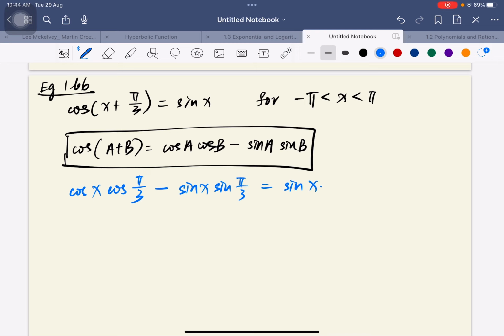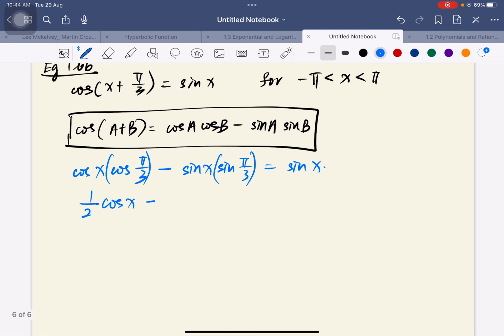In this way it's easier for us to solve, because cos(π/3) is a constant and sin(π/3) is just another constant. To find the value, you simply change your calculator to radian mode and find cos(π/3), which is 1/2. So it can be written as 1/2 cos x. And sin(π/3) is √3/2, so √3/2 sin x equals sin x.